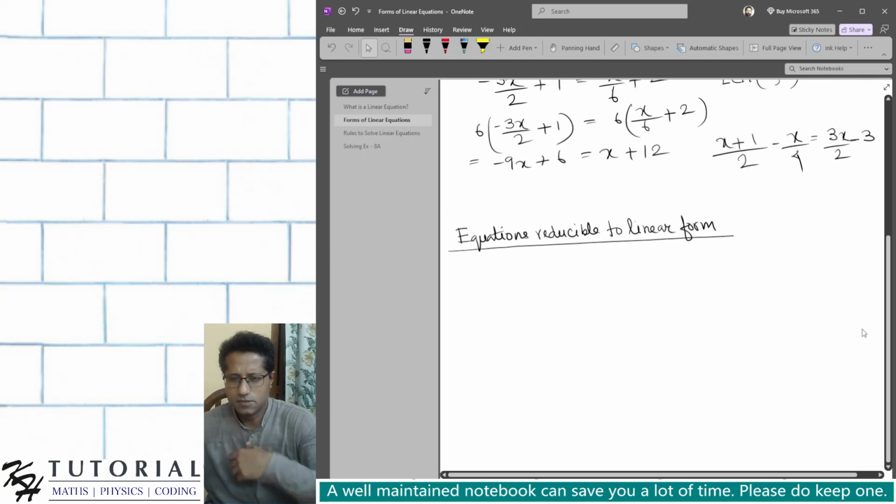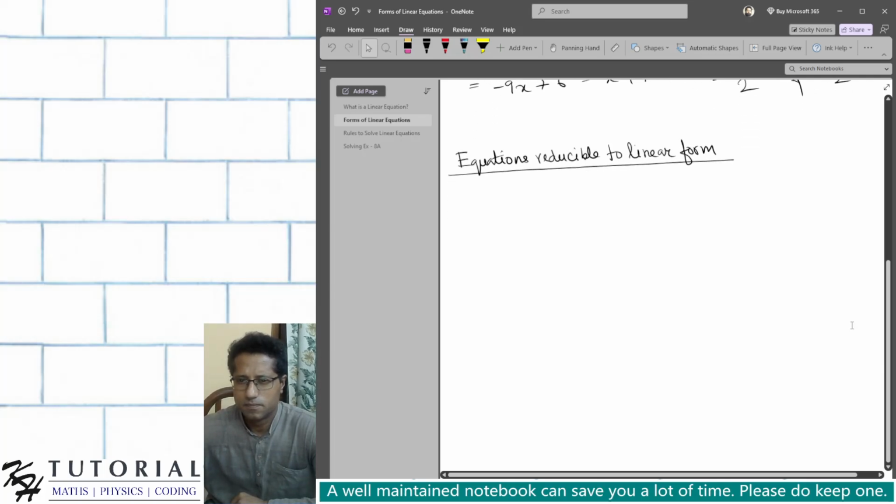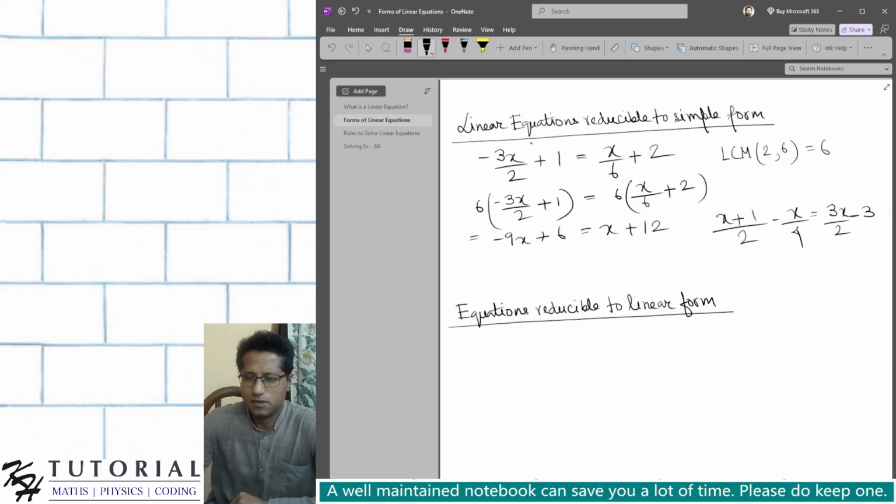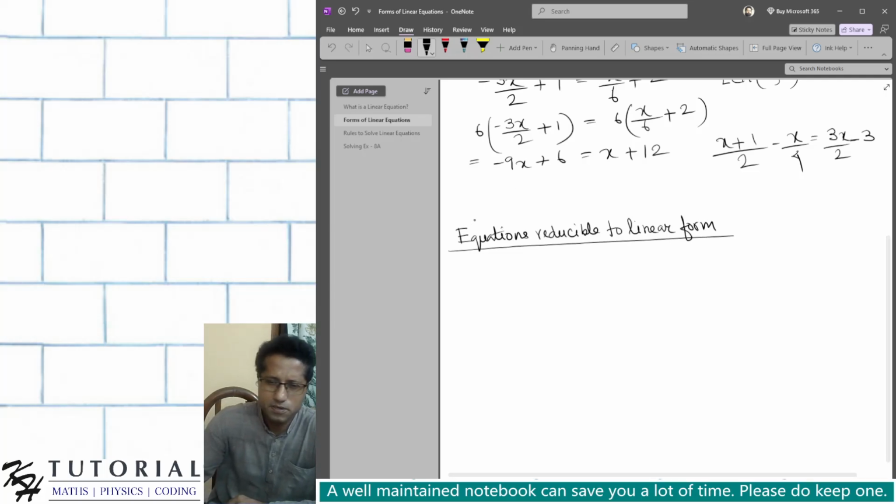Now another one is equations reducible to linear form. The equation minus 3x by 2 plus 1 is equal to 6x by 6 plus 1 was a linear equation, but there can be some equations which are not actually linear.